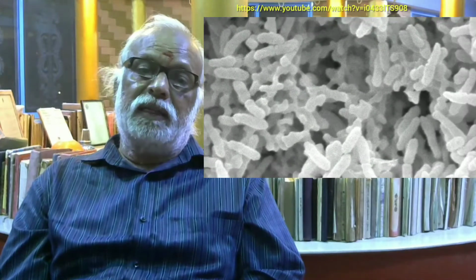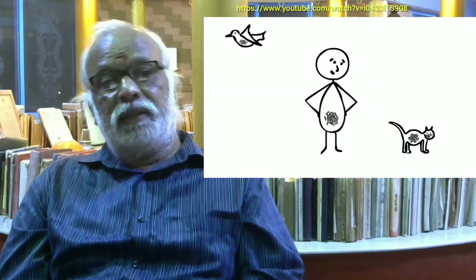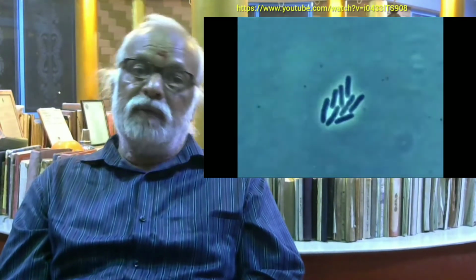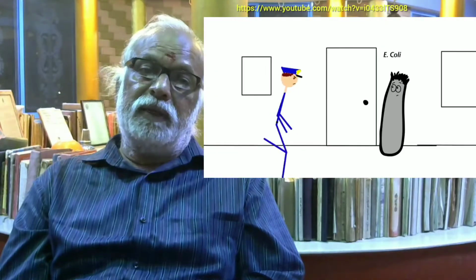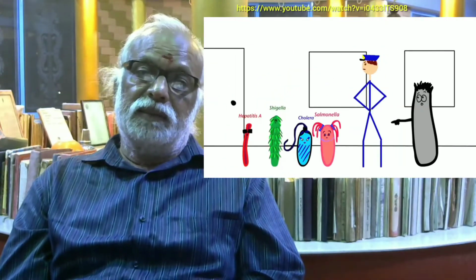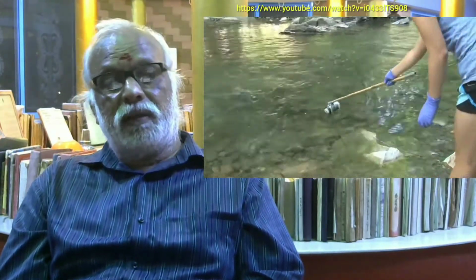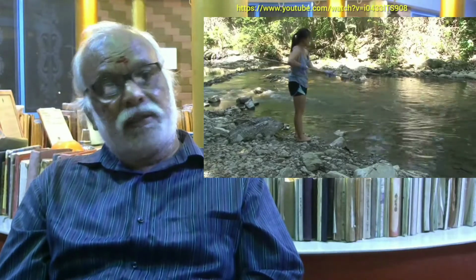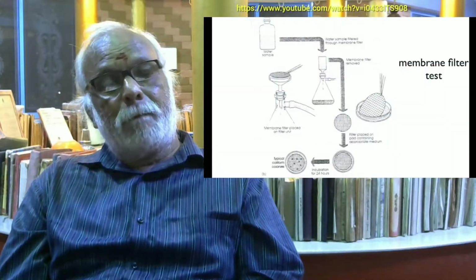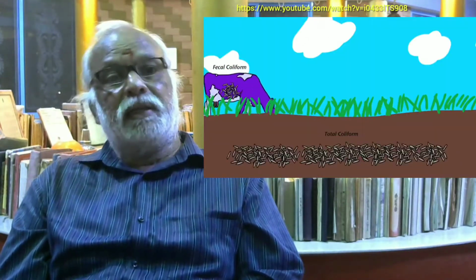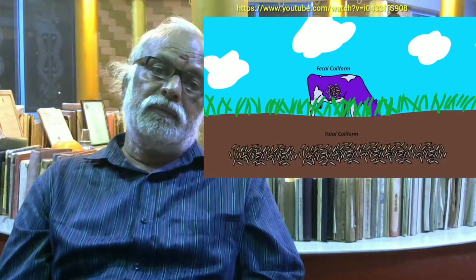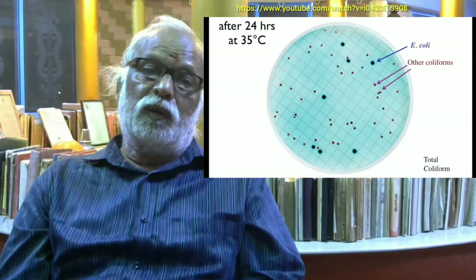Then the bacteria, coliform bacteria and E. coli. Their presence is a threat. E. coli means the water is being contaminated or even polluted because of the presence of human excreta or animal excreta, and coliform bacteria also similarly.